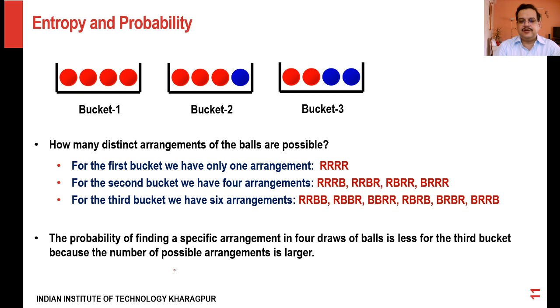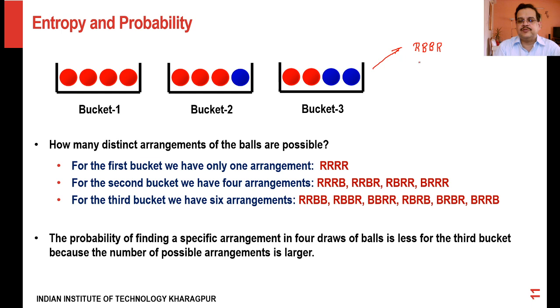So we can think of a game where we are given a particular arrangement. Let us say I am given the arrangement R, B, B, R for the third bucket.